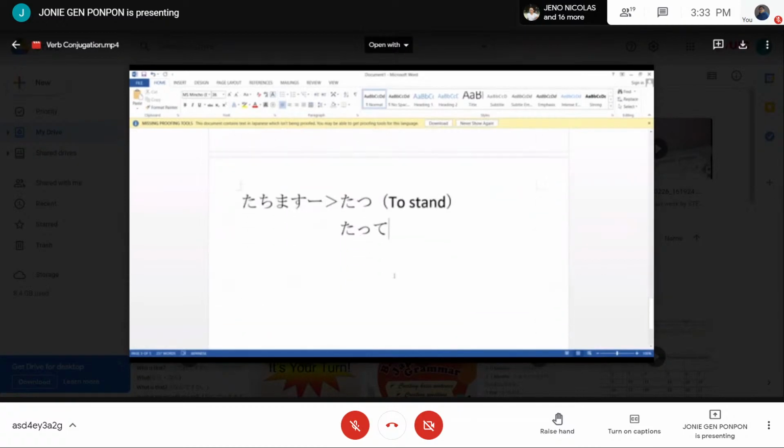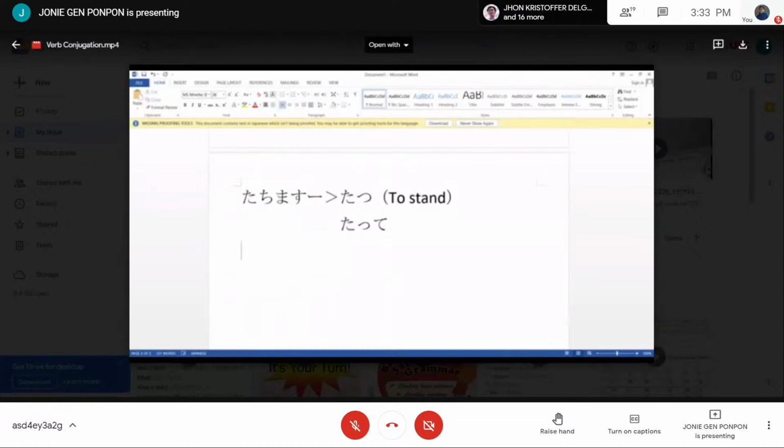Now, another example, with ru. Kiru is the jishuke of the masu form of the verb kirimasu, meaning to cut.